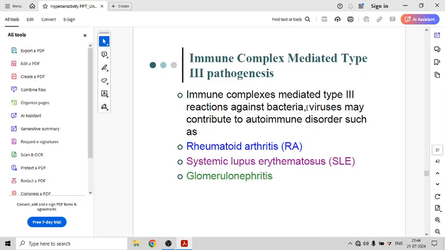And rheumatoid arthritis is also a kind of autoimmune disorder. And glomerulonephritis is also a kind of autoimmune disorder. And all these are because of the precipitin deposition in different regions of the body, causing localized damage.